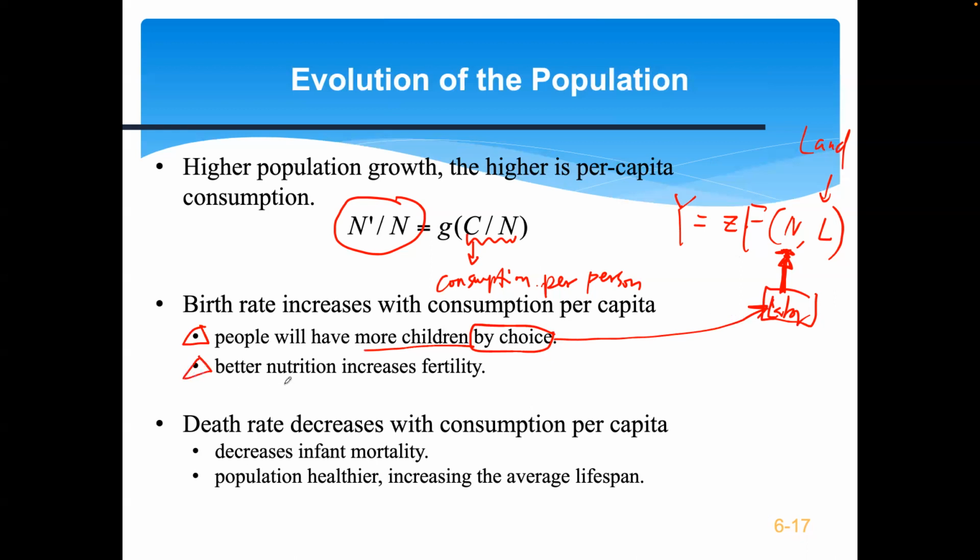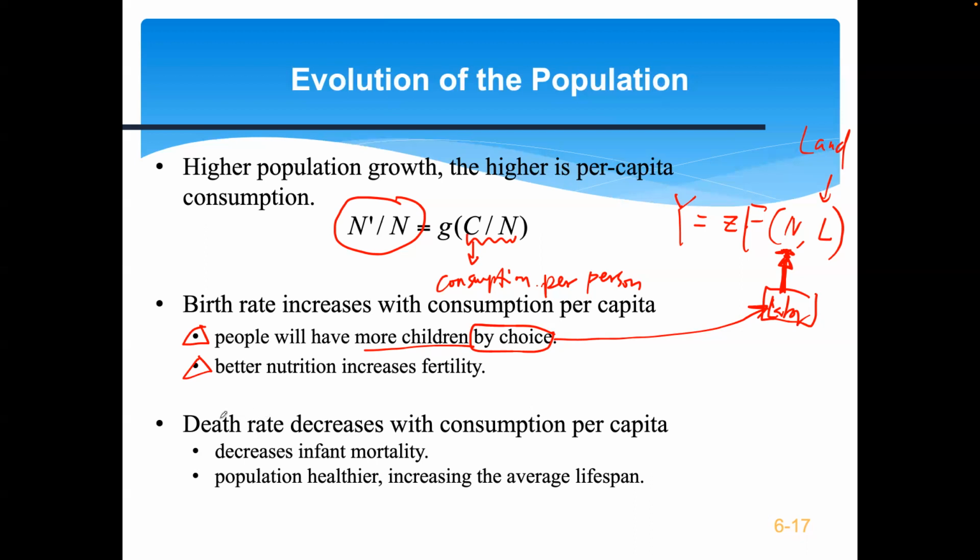Second factor, better nutrition. That's going to increase fertility, meaning your child has a higher chance to survive into adulthood. So those are the two reasons why the birth rate will increase with consumption per capita, or with standard of living, because C over N essentially gives you a proxy of the standard of living.